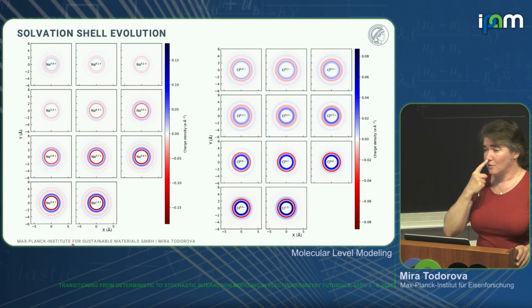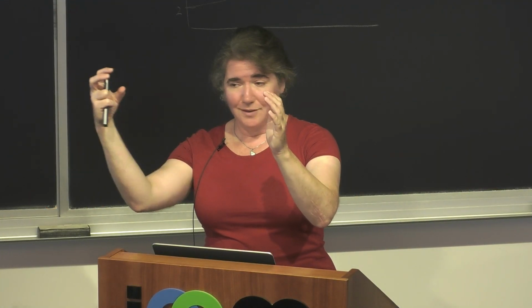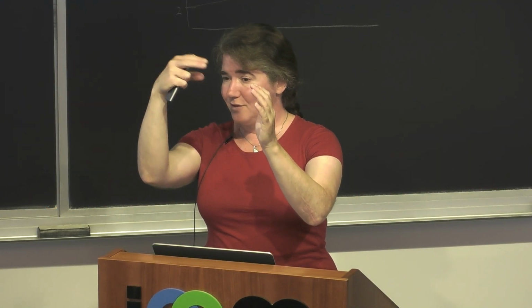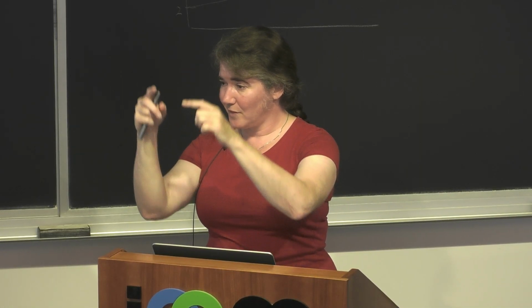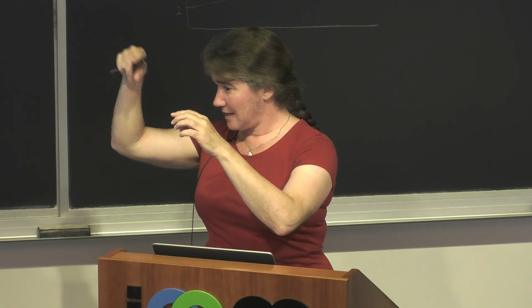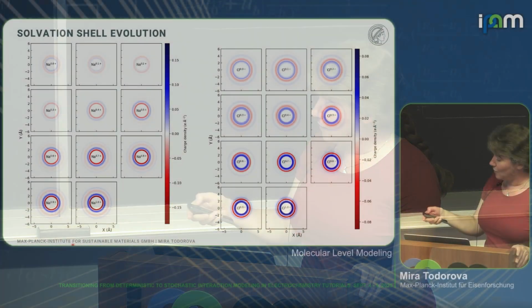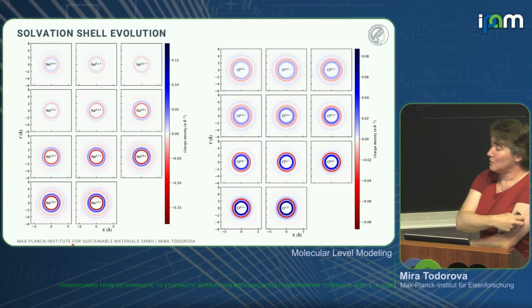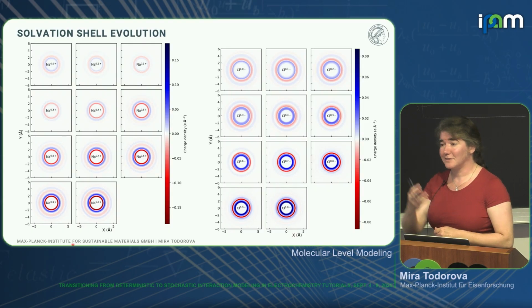And this also relates to what Jörg was showing, when you pull a sodium out of the surface and try to put it into solution, you start building a solvation shell up, and then first you have a first solvation shell, and then you had a second plateau where the second solvation shell was. And we see it also for the chlorine. And this also relates to Marcus theory and when an electron transfer happens.